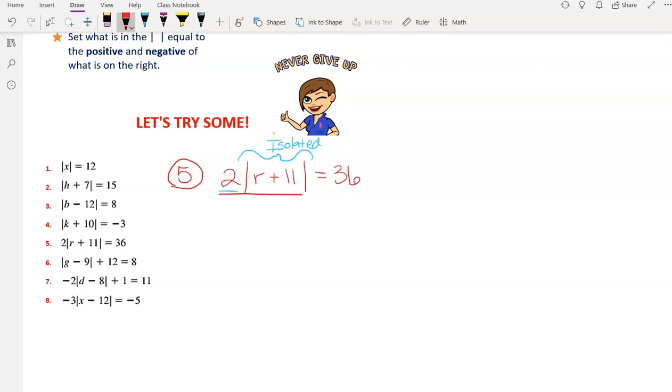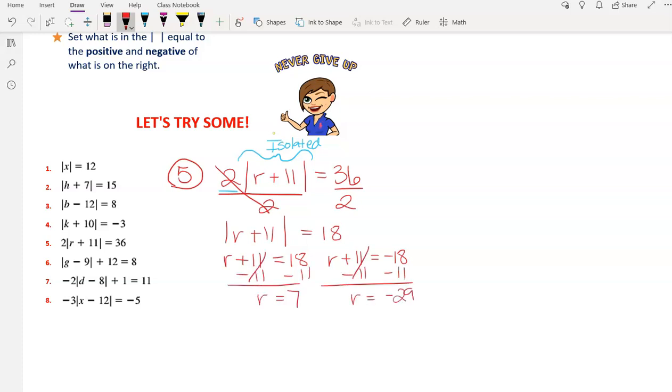The opposite of multiply is to divide. And now we're left with the absolute value of r plus 11 is equal to 18. Take what is inside the bars and set it equal to the positive and set it equal to the negative, and then solve your one-step equations. And you have your final answer that r is equal to negative 29 and 7.